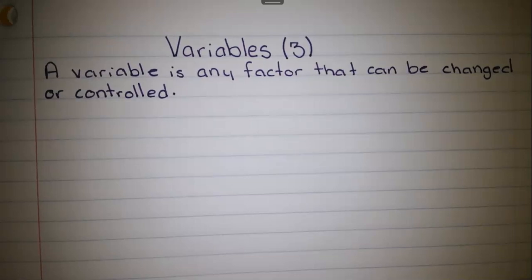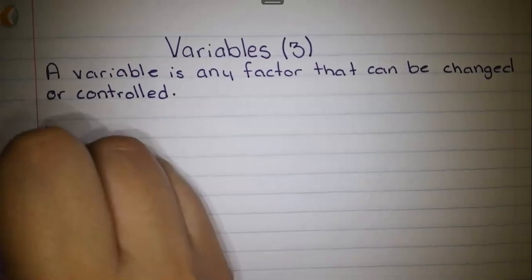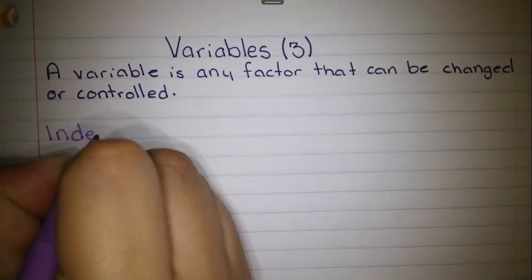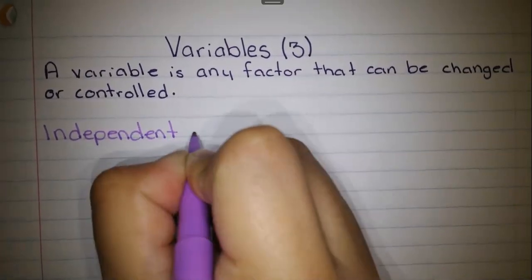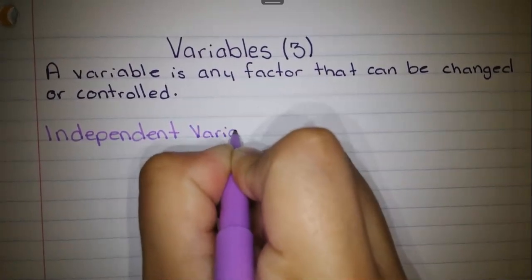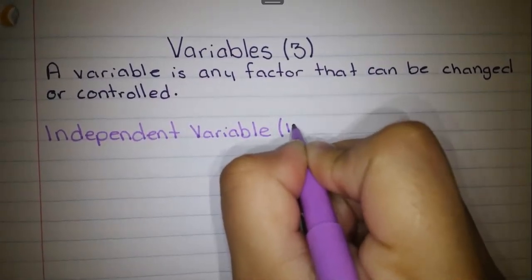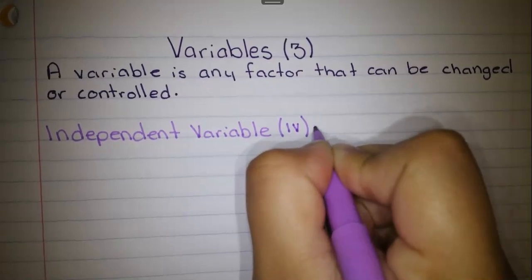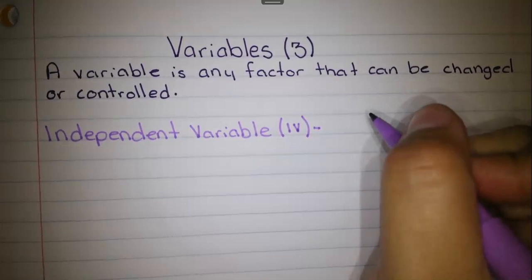Now, there are three types of variable that we're going to talk about right now. The first one is the independent variable. And that is the one condition that you change in the experiment.